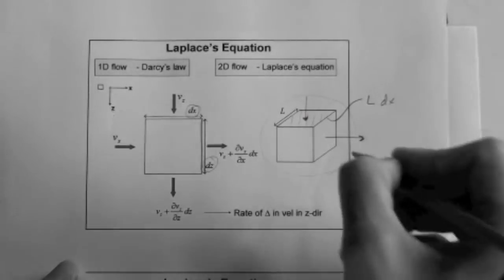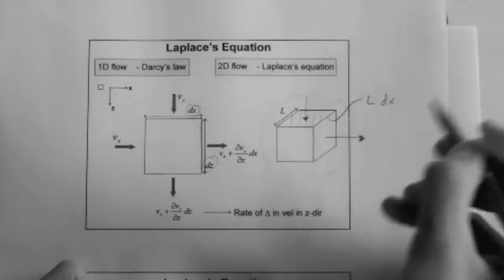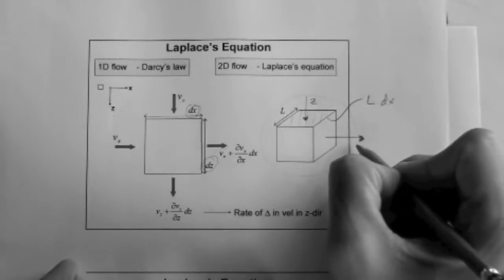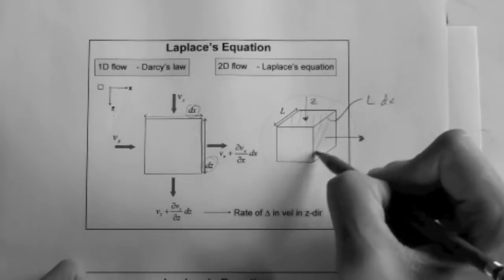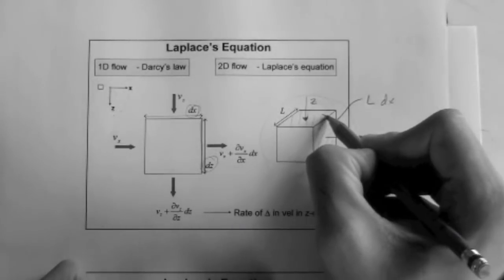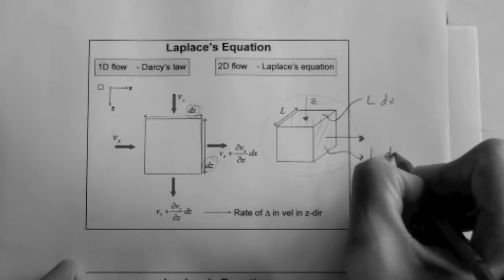In the x direction, the flow cross-sectional area is L dz.